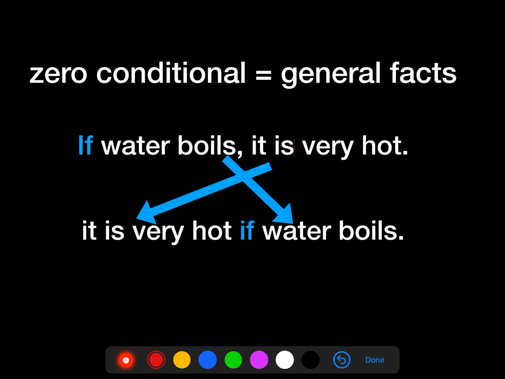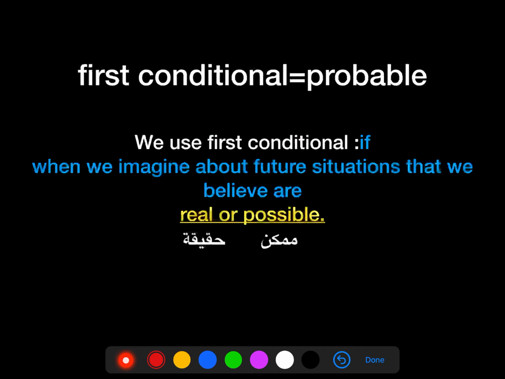Now, let's have a look at the first conditional. A first conditional is also easy, but it has a bit of a twist here. First conditional is generally probable. So it may happen. It might happen. So we use first conditional if.